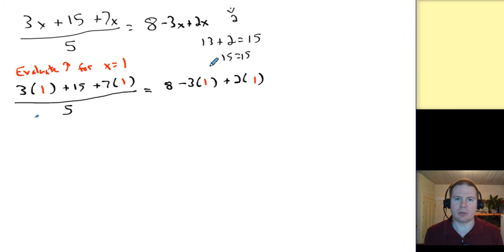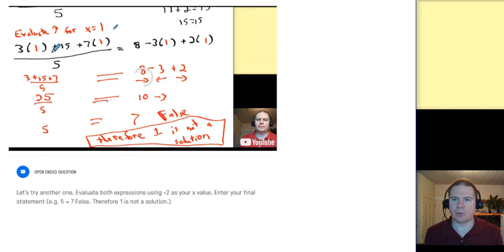We plugged in 1 for x, and with that 1, we simplified this expression and got 5, simplified this expression and got 7. Since 5 and 7 are not equal to each other, I've shown that 1 is not a solution for this equation. Right? I did that in the video.